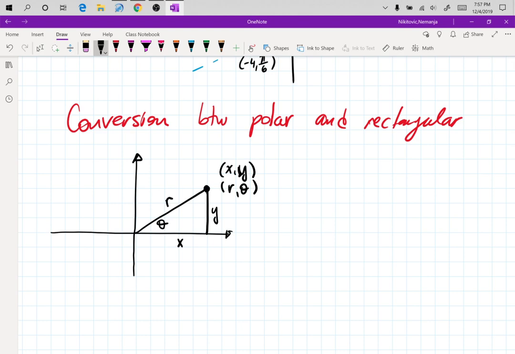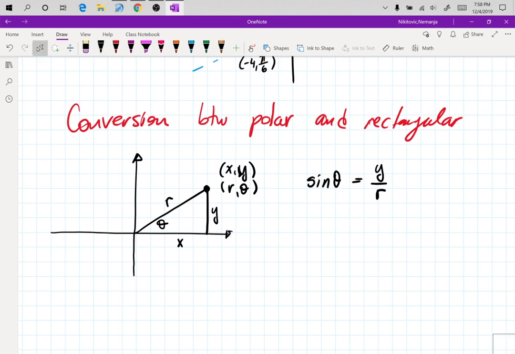And those four will be your equations for conversion. If you write sine theta is equal to opposite over hypotenuse, you see that you have r and theta in this one, right? Which means that since you have r and theta, you are calculating y.